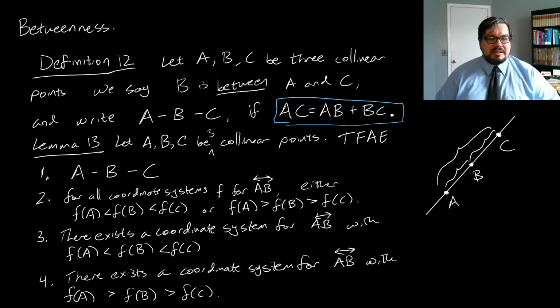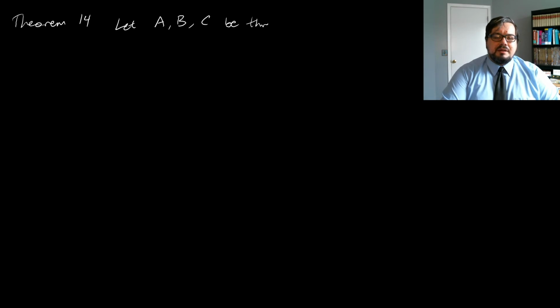So to see why Lemma 13 is so useful, let's look at another theorem which talks about some of the most important properties of betweenness. Theorem 14. Let A, B, C be 3 collinear points.